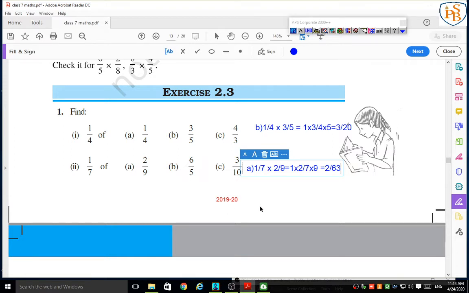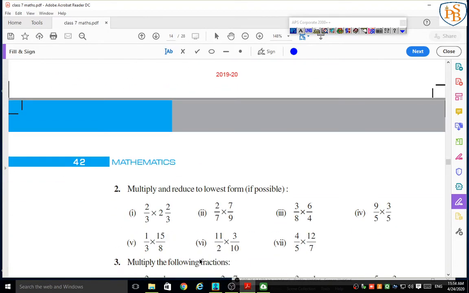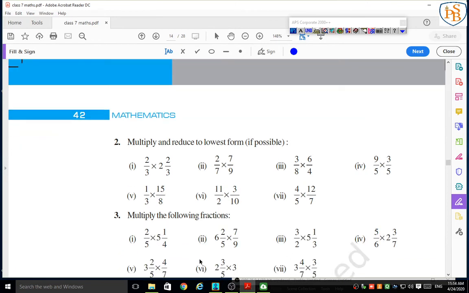The second question: multiply and reduce to lowest form if possible. Look at here, they wrote in brackets if possible. That means we have to reduce to lowest form as far as possible, but where some answers cannot be reduced, we have to write them as they are.